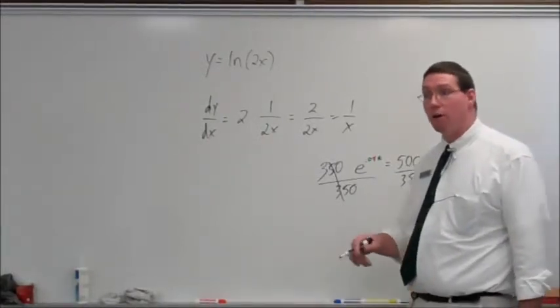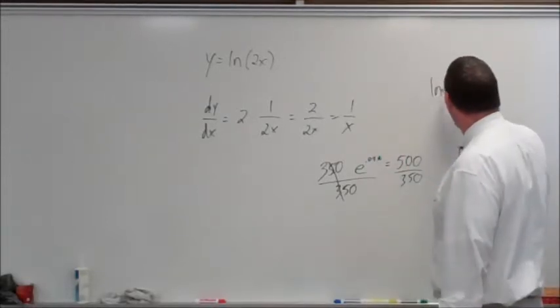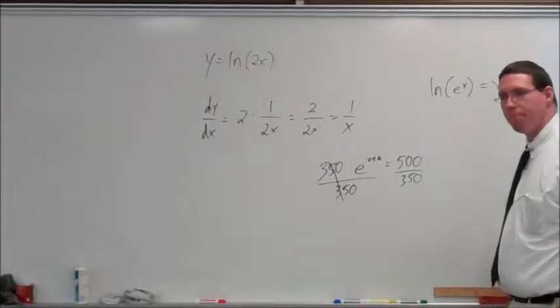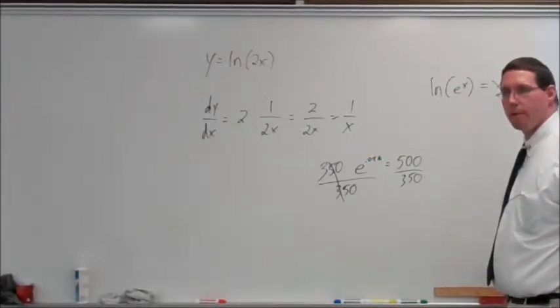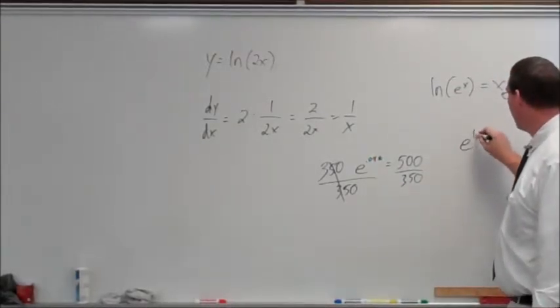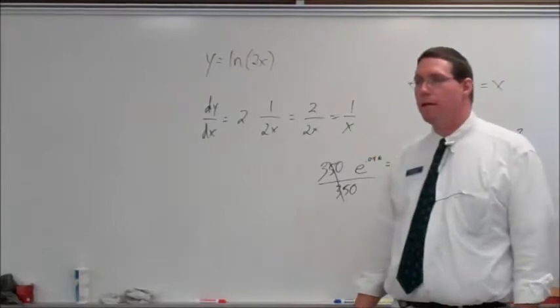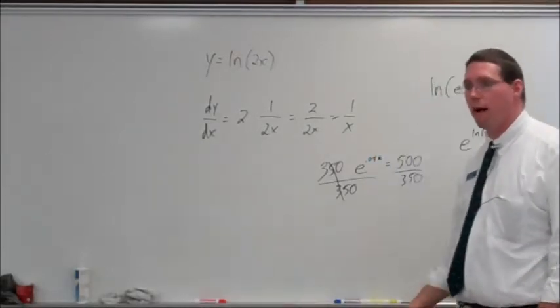Natural log and e are inverses. So the natural log of e to the x equals x, and e to the power of the natural log of x squared equals x squared. They cancel each other out.